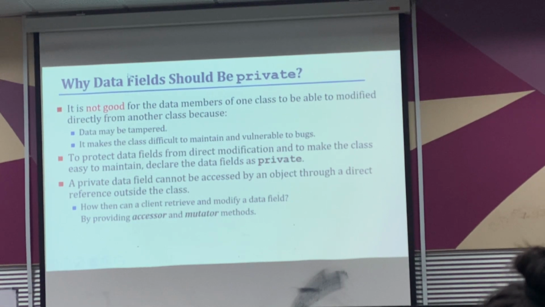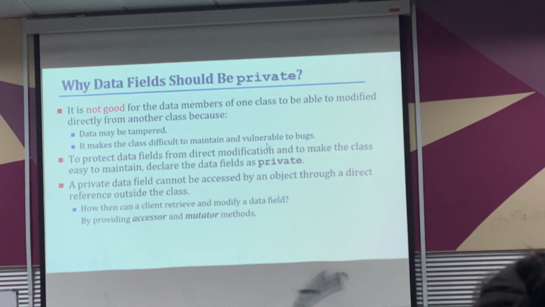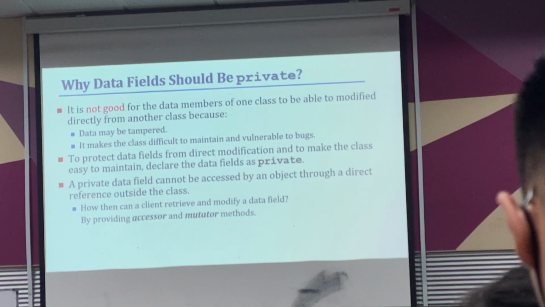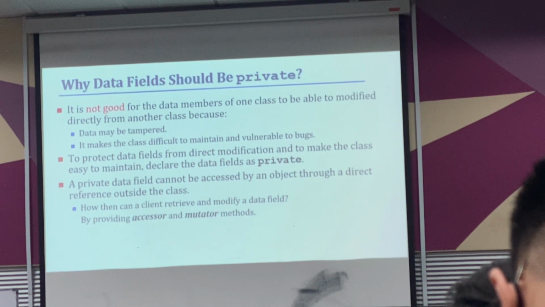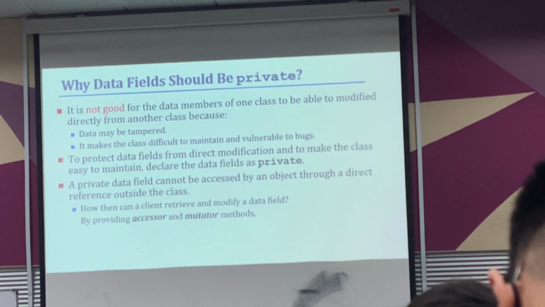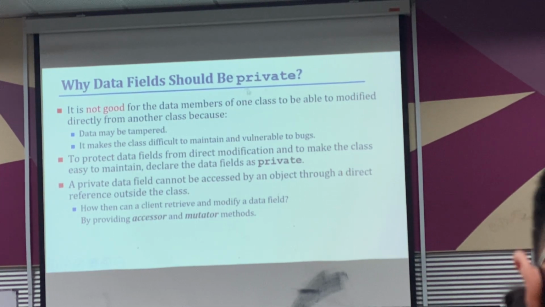Why should the data field be private? I answered already just now. You need to protect your data. You don't want the user to come in and simply change the value, which may cause a compilation or runtime error. Maybe if the number is set to 0, you cause a runtime error, or it may produce invalid, incorrect output in the future. So that's why you need to make it private here.